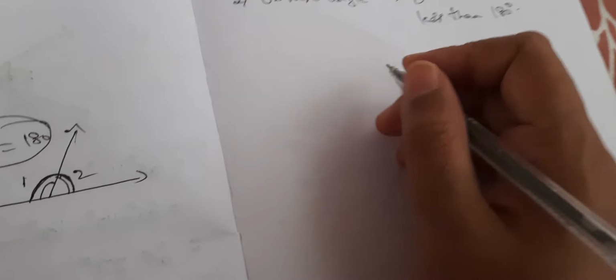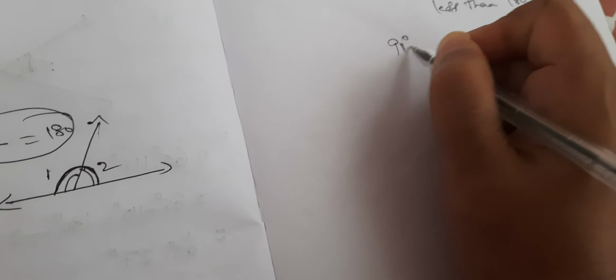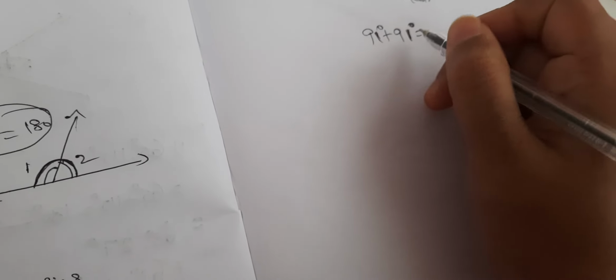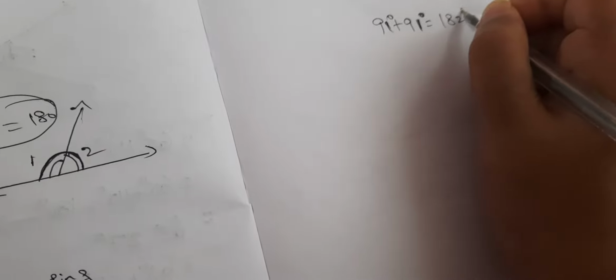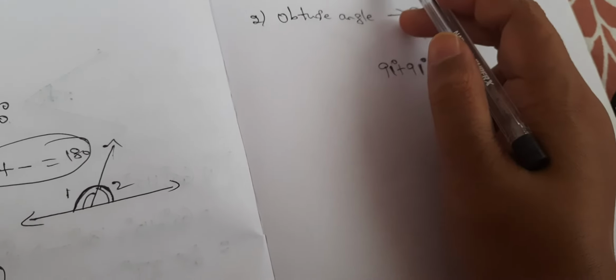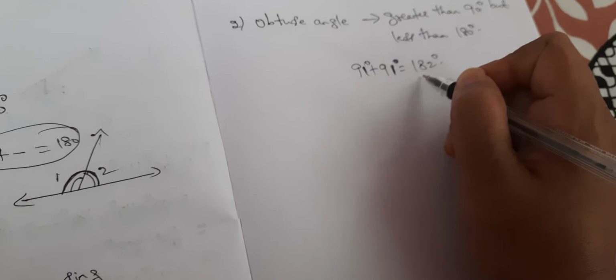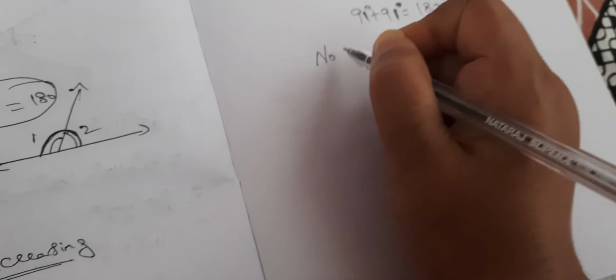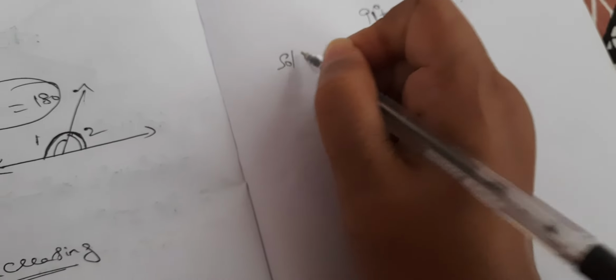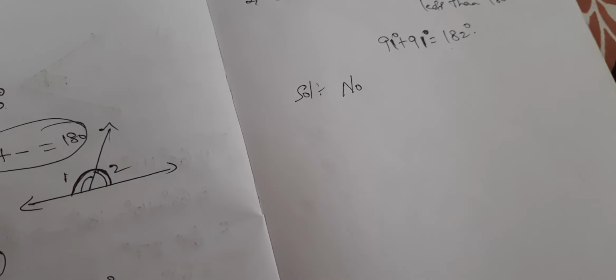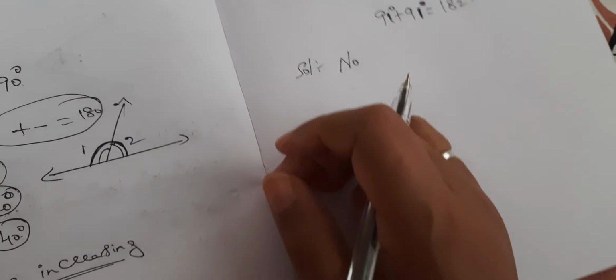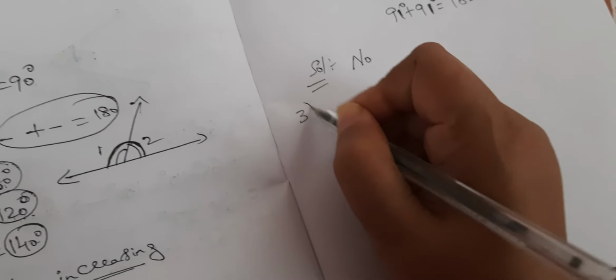Greater than 90 means we will take 91 degrees plus 91 degrees. 91 plus 91 is 182. But for supplementary it should be 180 degrees only. 182 is greater. So with obtuse angles also the answer is no. Afterwards we will try with the third, the right angle.